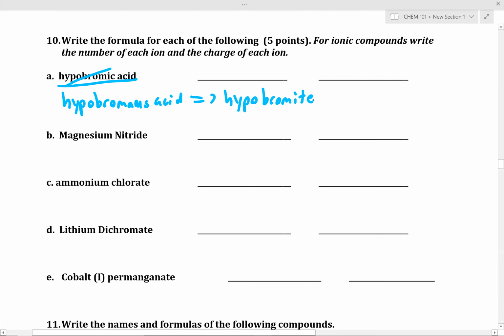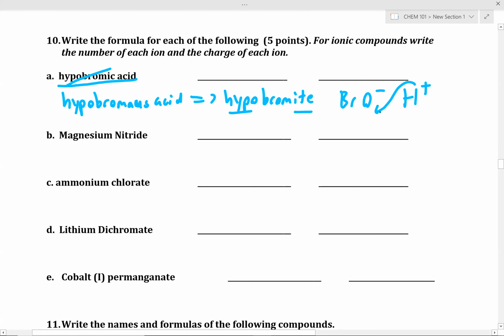With the hypo-ite prefix and suffix pair, do we have the most or the least number of oxygen atoms for that polyatomic ion series? Least. So this would be BrO minus. If we're looking at hypobromous acid, we're thinking of an acid, so we're pairing this polyatomic ion with H plus.